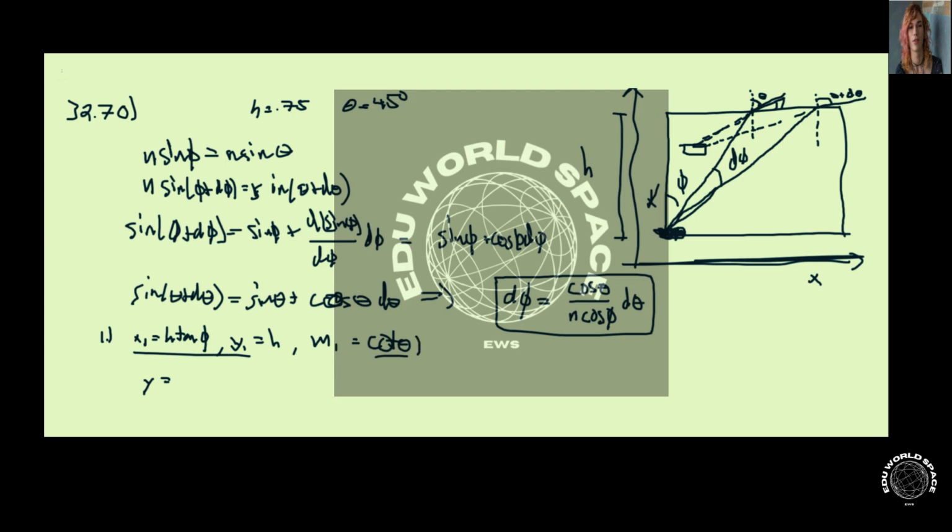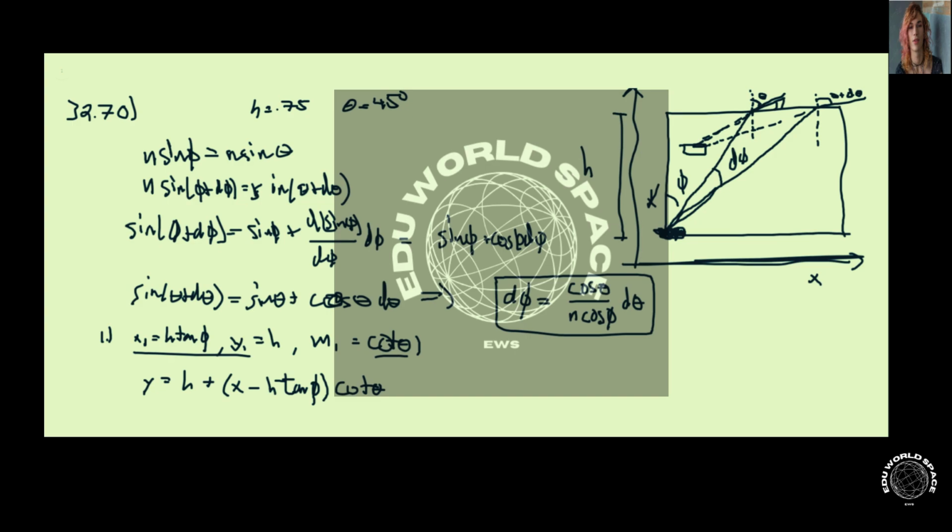If we plug this in, we get our equation to be y equals h plus x minus h tan phi, times the slope, and our slope was n1, which is cotangent theta. So that's the traced back equation for the first ray.